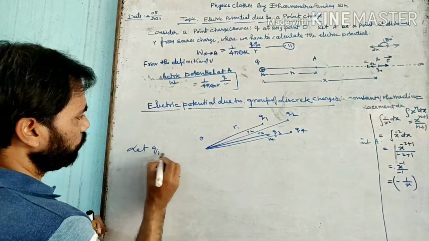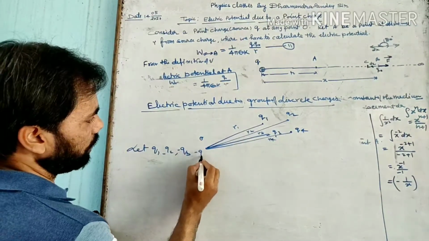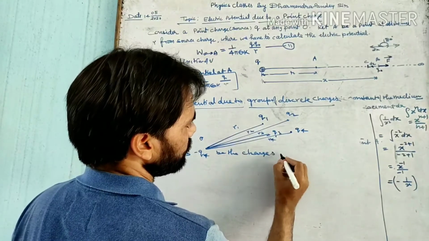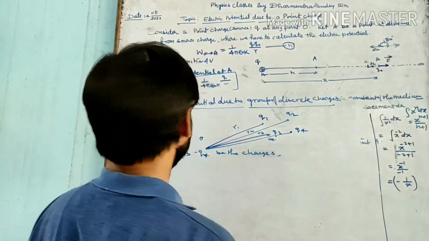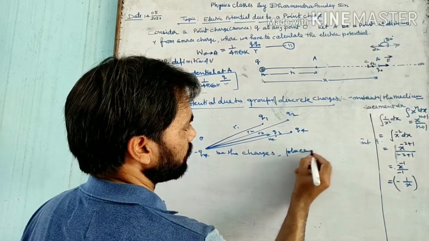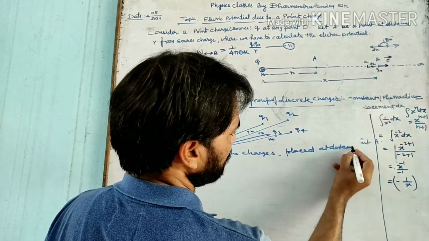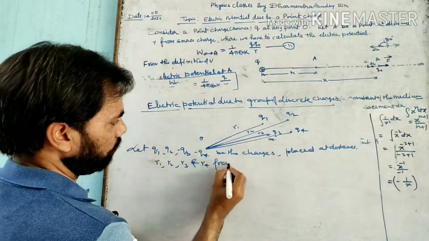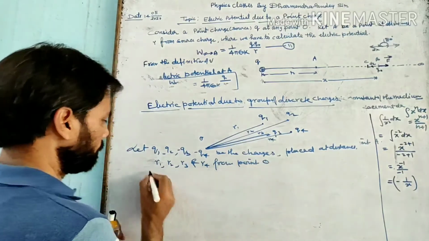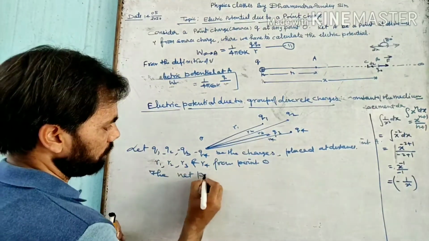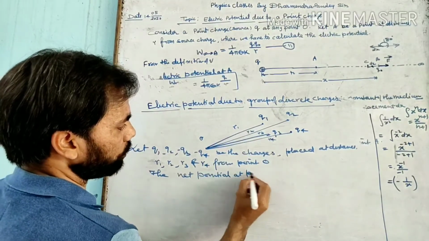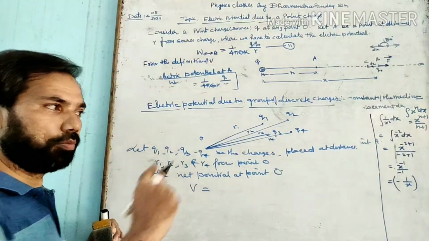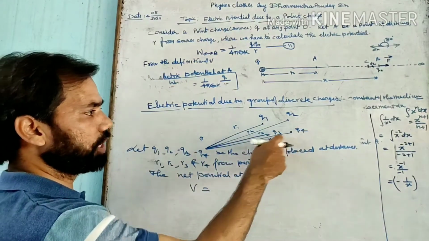So let Q1, Q2, minus Q3, minus Q4 be the charges placed at distances R1, R2, R3 and R4 from point O. Then the net potential at point O will be nothing but the algebraic sum of potentials at point O due to all point charges.